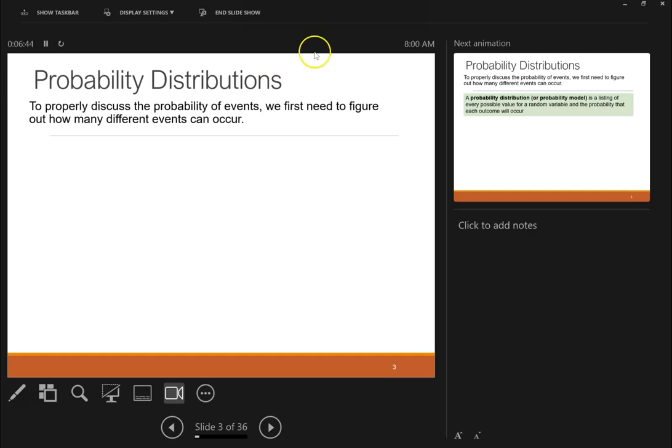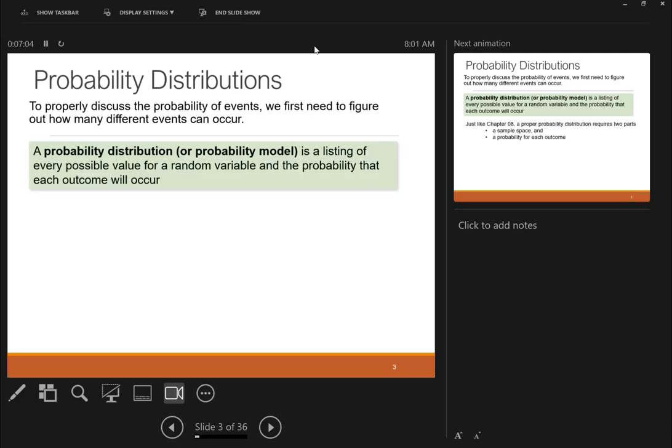So, in order to discuss probability, all probability basically boils down to counting. So our first order of business is going to be trying to figure out or count how many different ways an event can occur. And after we've done that, we're going to want to build a probability distribution or a probability model.